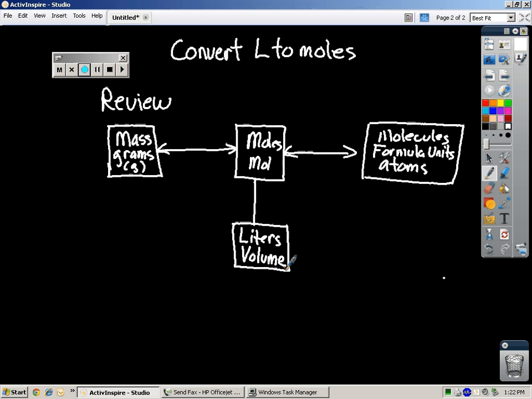That's going to be our new step. Liters is what we're really calculating, the volume of gas. That's really going to be the last step. On your worksheet 10-2 that you're working on in class, the last few problems dealt with these kinds of issues. We weren't able to do them because we hadn't looked at what STP is or what liters are yet. So that'll be the last step that we're going to do today.